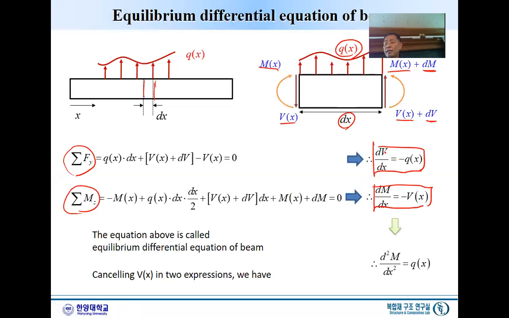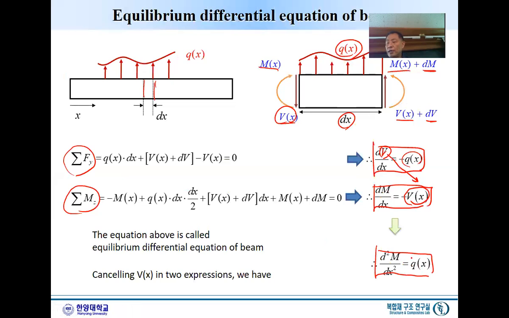So it tells that the cross-section V, rate of change is equal to Q, and so on. Here is V, and we put it here, and second derivative of moment will be Q. This is the moment equilibrium.